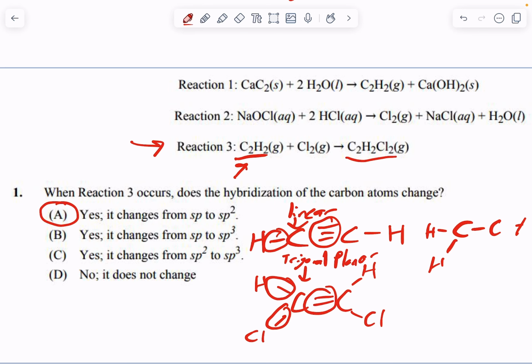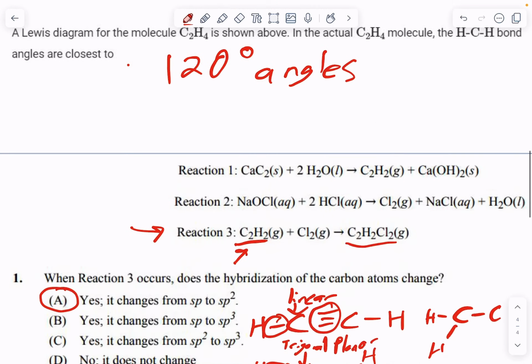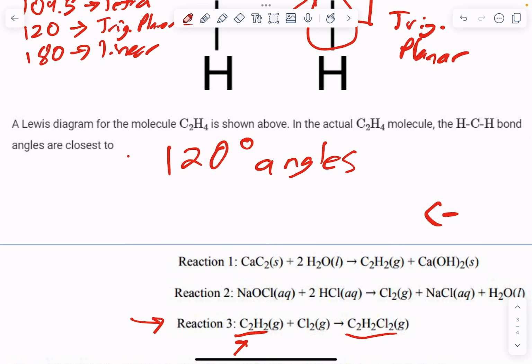So it's just going to take some practice recognizing how molecules work. This is an example of C2H4. C2H2 is going to look like this. C2H6 would look like this. And it's just going to take practice recognizing these molecules and how they would form.